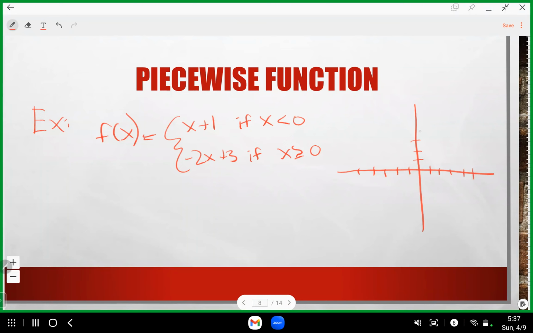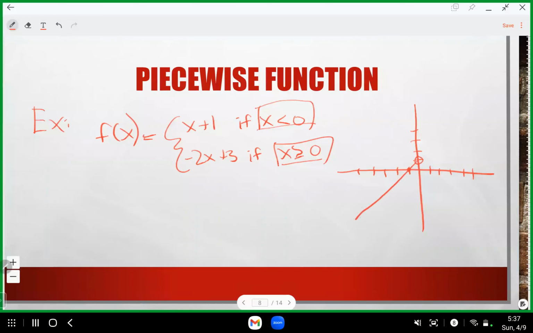It's very useful. It goes by these domain restrictions. So in this domain where x is less than 0, the function is going to be x plus 1. So it's going to be something like this.